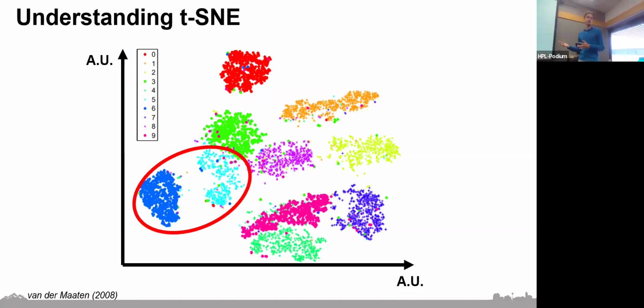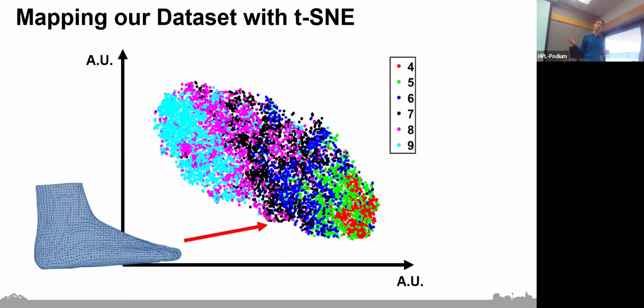All that said, how might the foot scan data set look using t-SNE? So here's what things look like if we map multiple sizes at once. And each point here represents an individual foot scan. This is only part of the data set, about 15,000 foot scans represented on this map here.